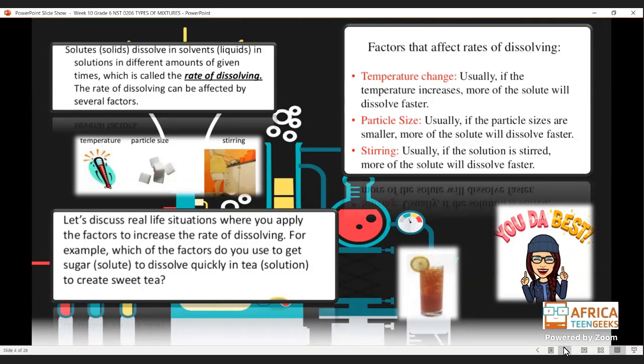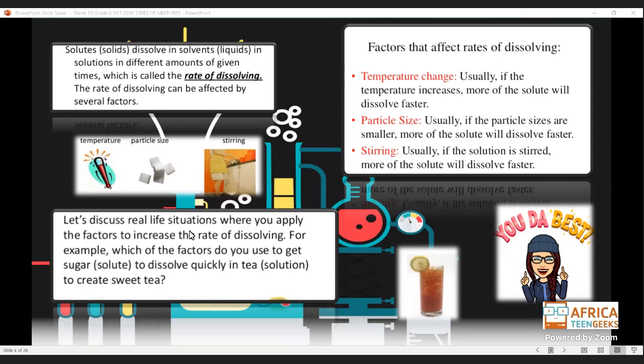But if your solute is a bit bigger and chunky and denser, then it'll take a bit longer. When it comes to stirring, or what we call agitation, if you stir the solution, it helps dissolve much faster than just leaving it. Some solutes will just sink to the bottom if you do not stir, and take far longer to dissolve.